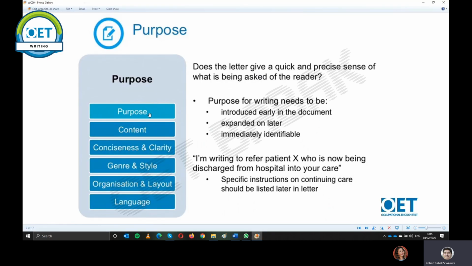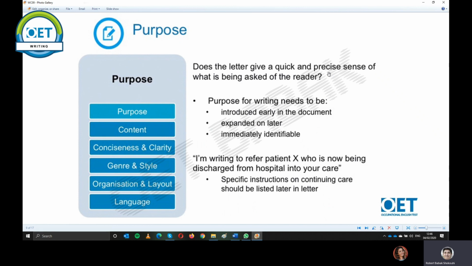So we need to write a good purpose. And this is the description of a good purpose. Does the letter give a quick and precise sense of what is being asked of the reader? Look at that: quick and precise.